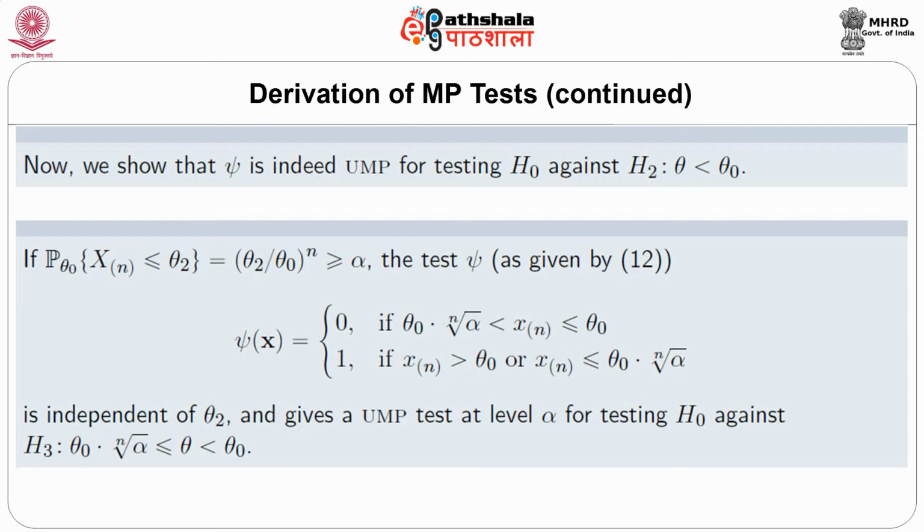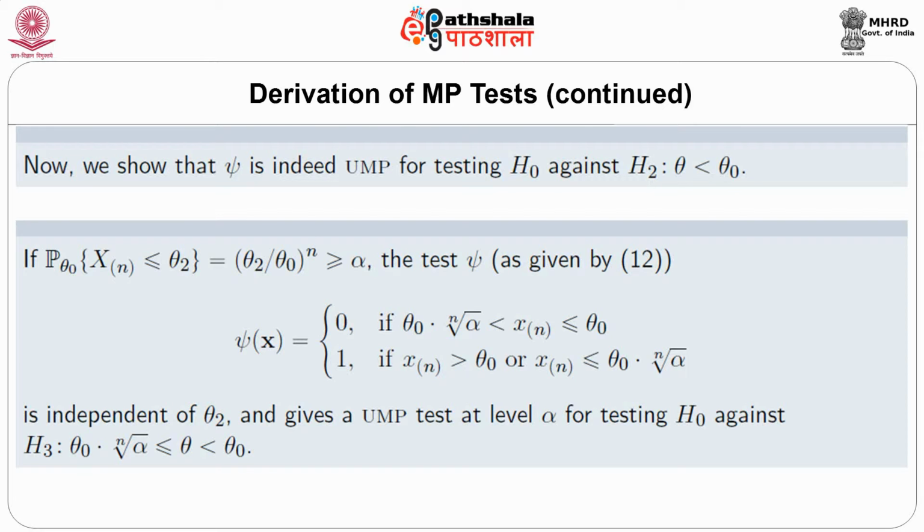Now, we show that psi is indeed uniformly most powerful for testing H naught against H 2, theta less than theta naught. In the last slide we see that if theta 2 is greater than theta naught alpha to the power 1 by n, then phi star, which is most powerful for testing theta = theta naught against theta = theta 2, is free from theta 2.